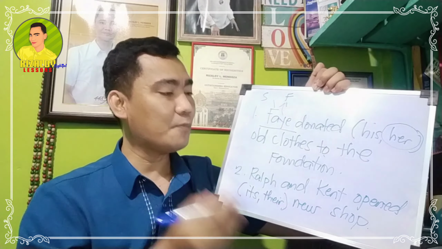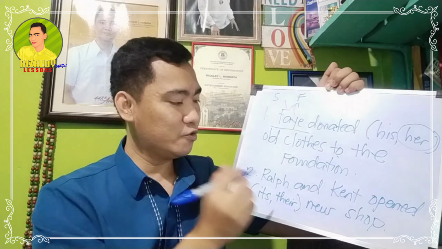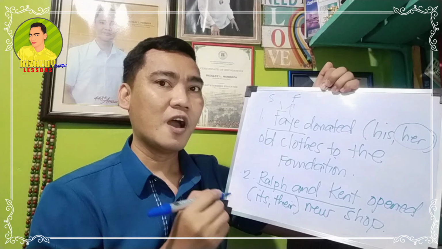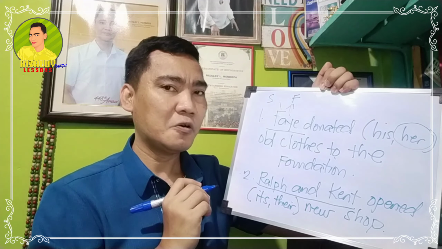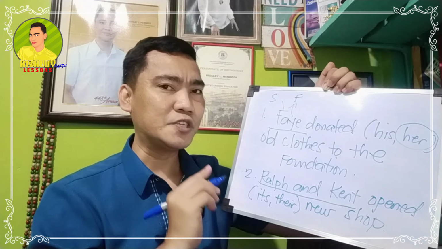Okay, what about number two? Ralph and Kent opened their new shop. So apply what you have learned. Remember, know first your subject. Very good. So we have Ralph and Kent. Next question: what number in grammar? Is it singular or plural? Plural. So we are referring to two.